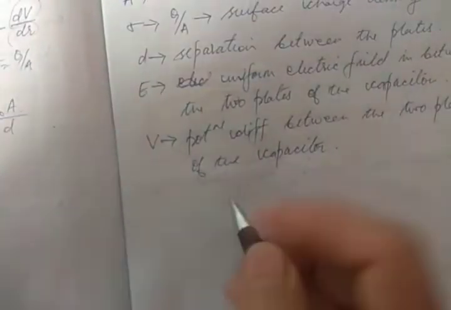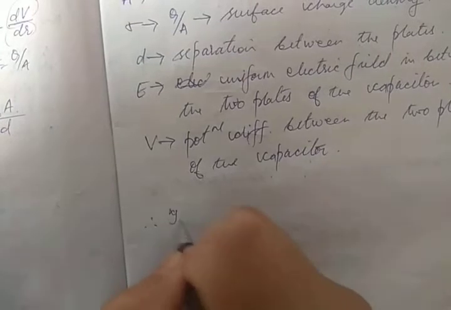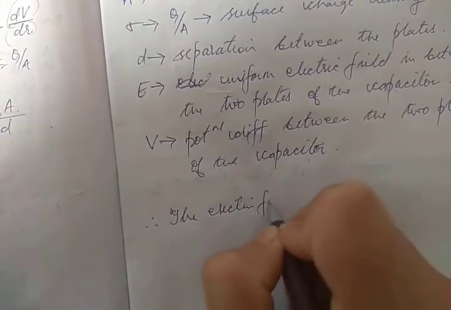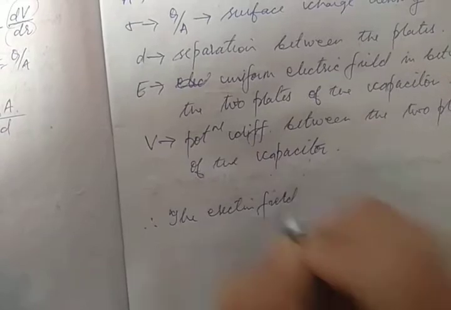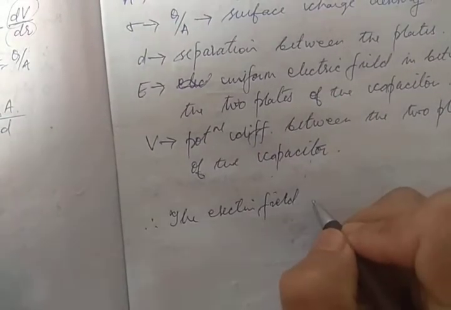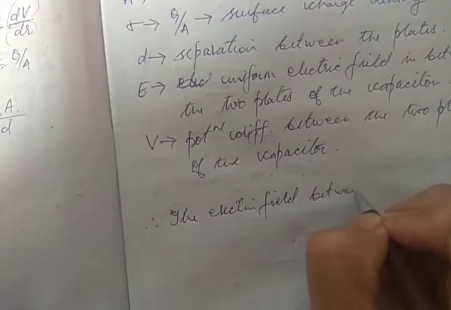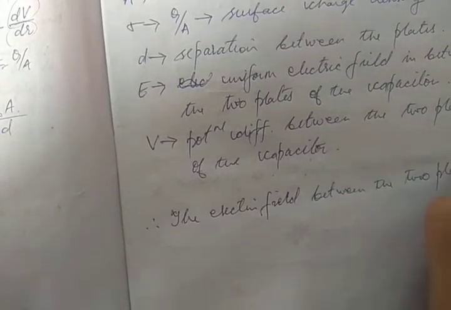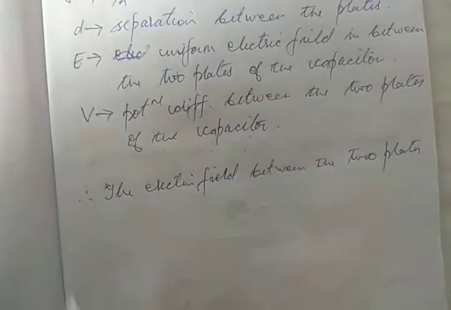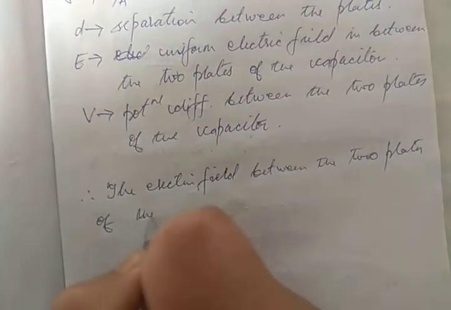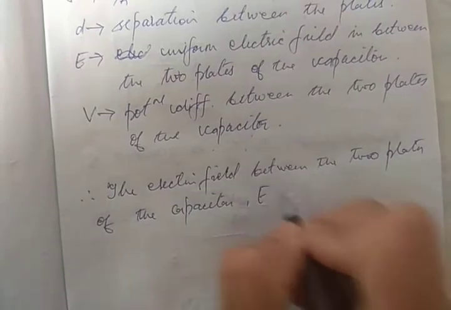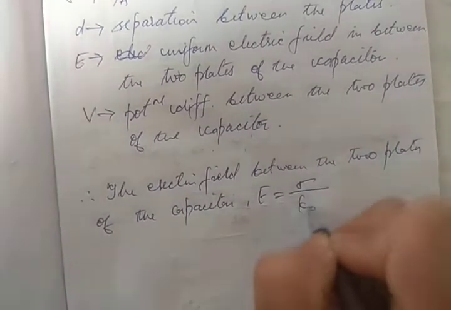So here too, therefore, the electric field between the two plates of the capacitor will be E, which is sigma by epsilon naught.